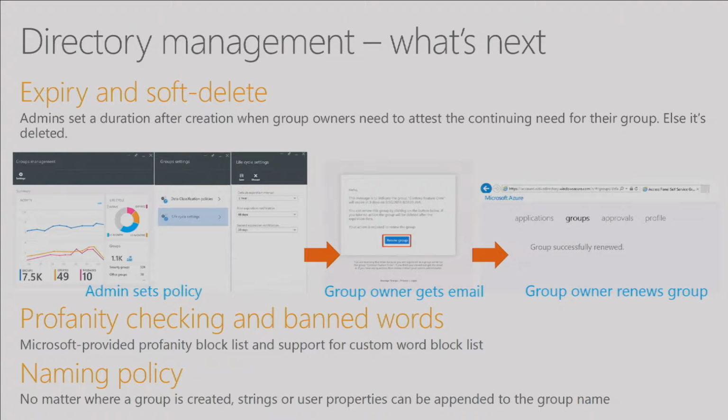So what we've done is we've worked very closely with Microsoft Compliance to come up with a list of kind of common profanity that we can then use as a feature where you can enable the ability to block group creation if the group contains a word from this list. And so Eric and I have spent a lot of time going over that list, and I can tell you it's very extensive.